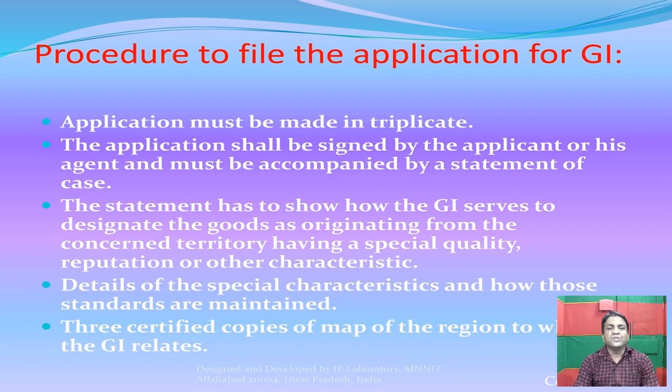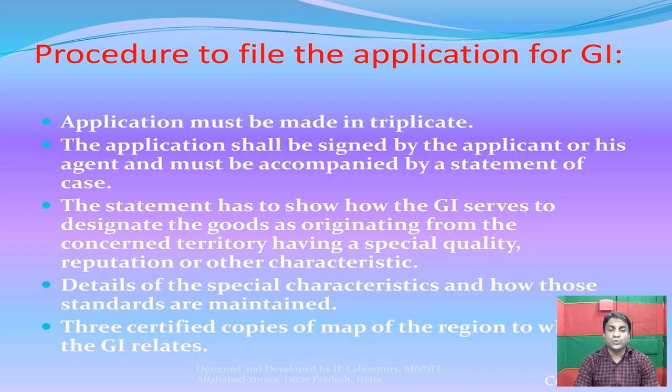Now we discuss the procedure to file the application for GI. The application must be made in triplicate. Right? Applications are made in triplicate. Then the application shall be signed by the applicant or his agent and must be accompanied by a statement of case, to mention the information about this GI.